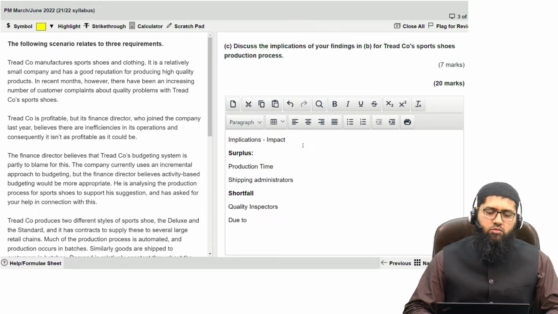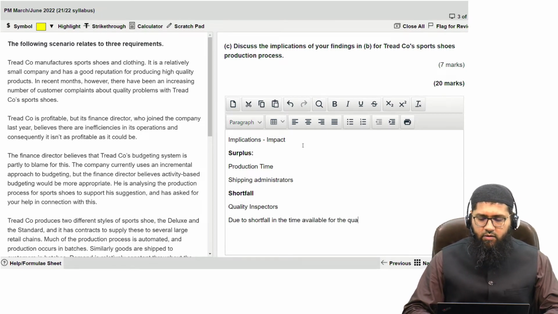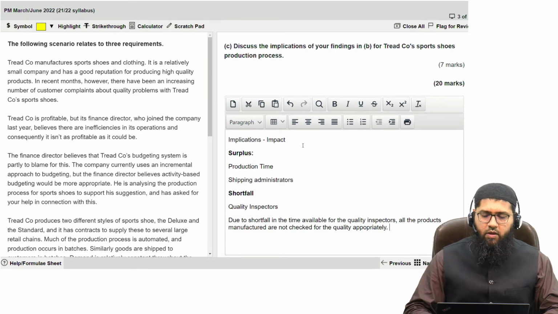Due to shortfall in the time available for the quality inspectors, all the products manufactured are not checked for the quality appropriately.